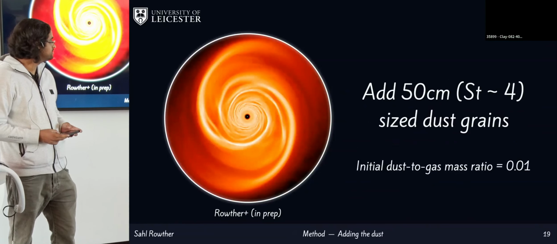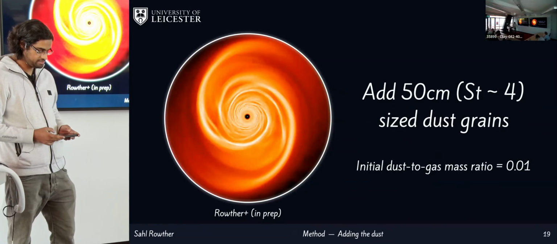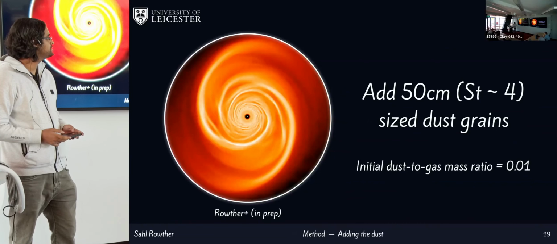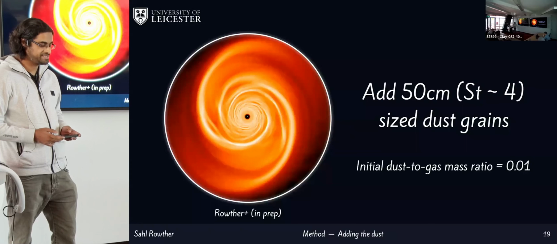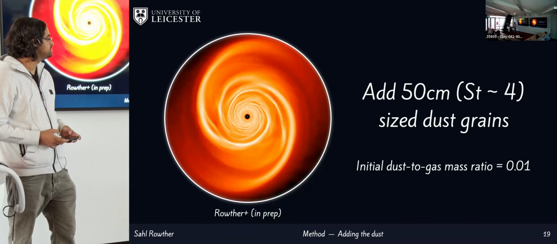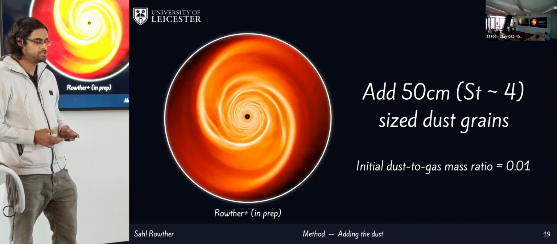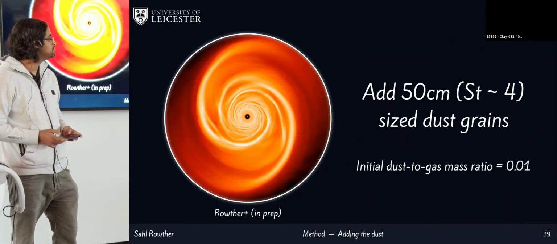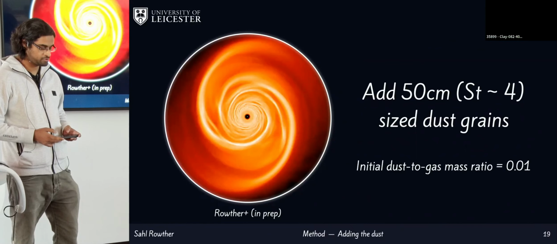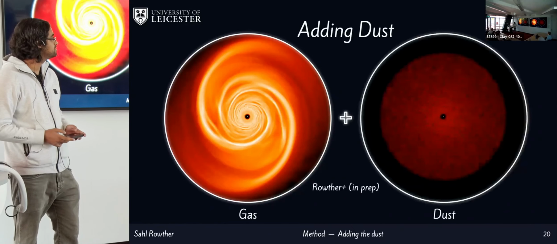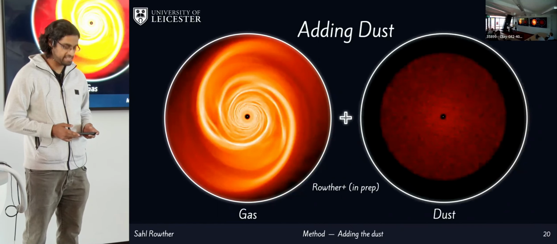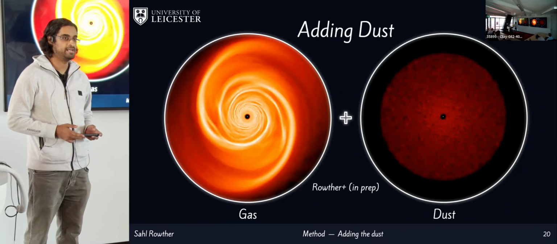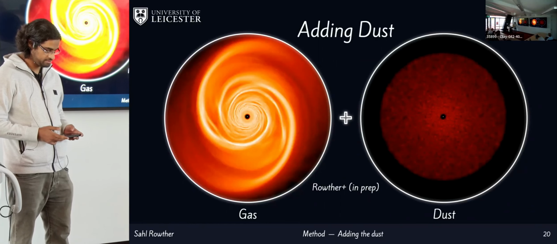So at this point, after 4 outer orbits, after spirals are formed, we add 50 centimeter size dust grains with an initial dust to gas mass ratio of 0.01, and this corresponds to a Stokes of approximately 4, and the dust is added in a manner that matches the gas profile at t equals 0 identically.